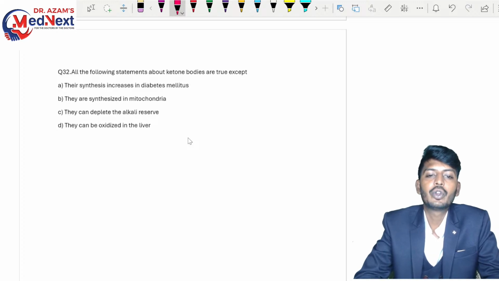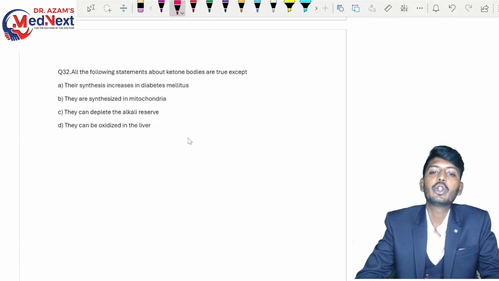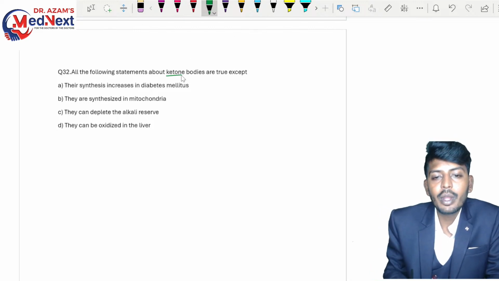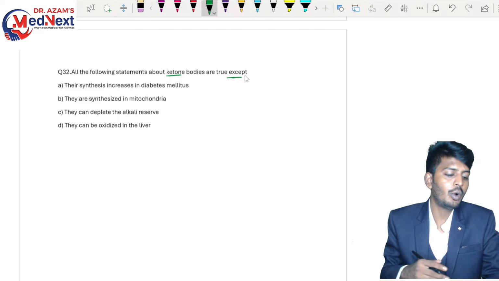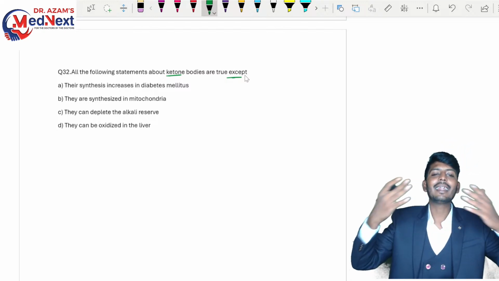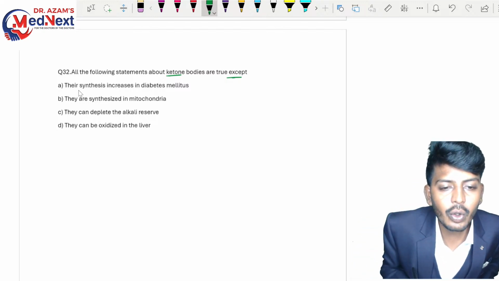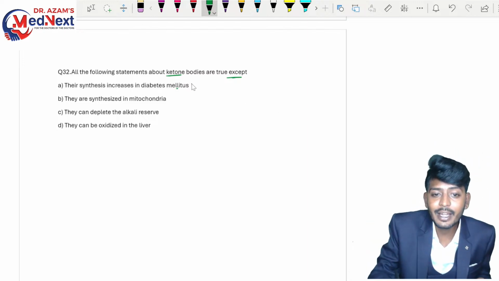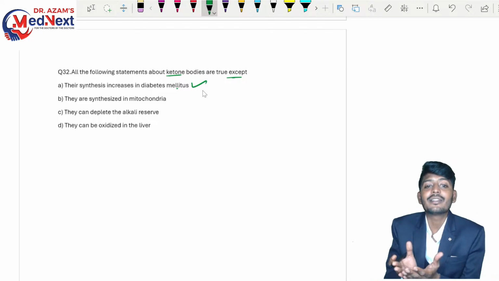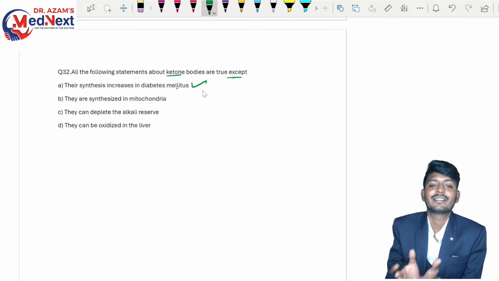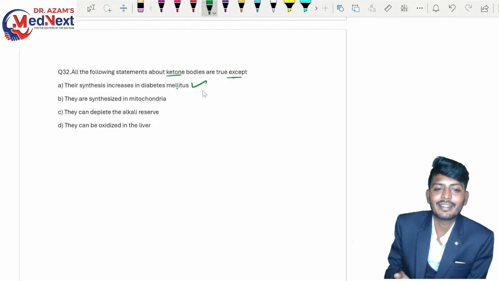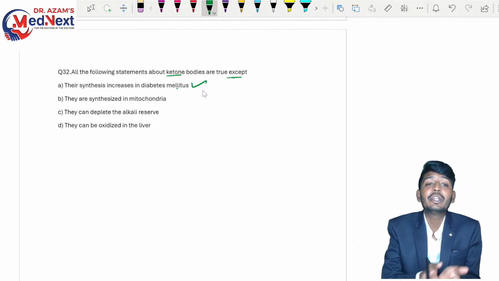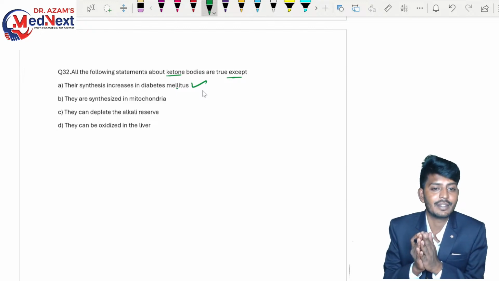Which of the following statements is true about ketone bodies except? They are asking for the false statement. Ketone synthesis increases in diabetes mellitus, we all know, so that is a correct statement, because synthesis of ketone bodies will lead to diabetic ketoacidosis.